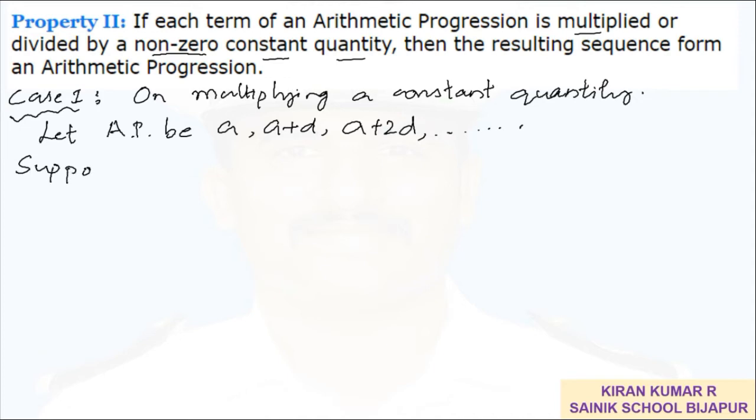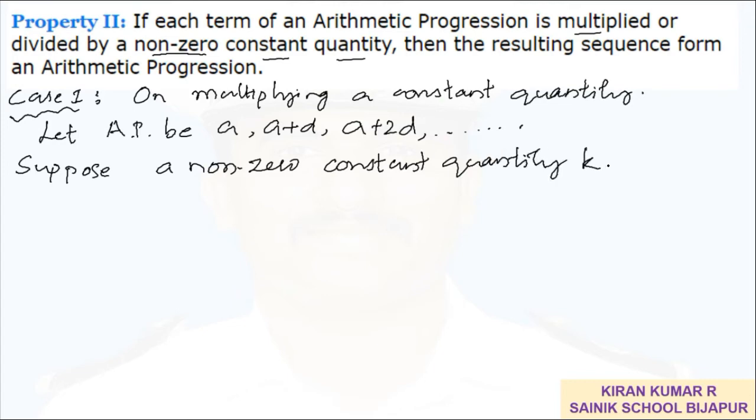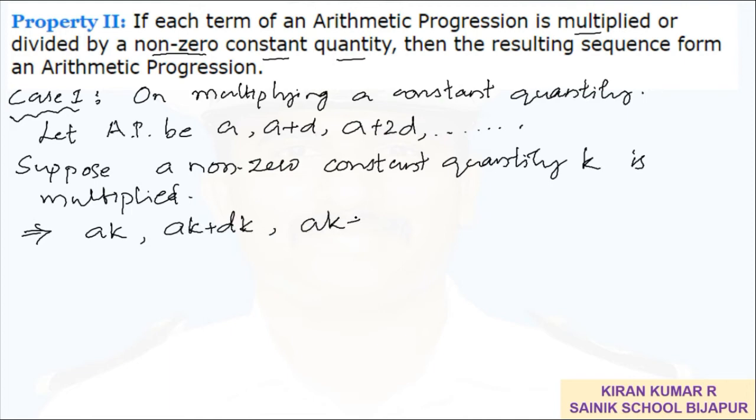Suppose a non-zero constant quantity k is multiplied. The new sequence formed will be ak, ak plus dk, ak plus 2dk, and so on.